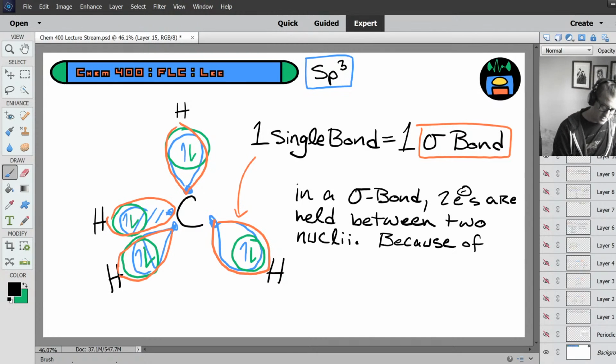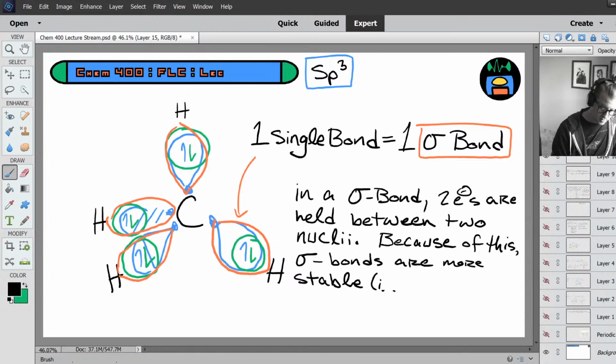So because of this, sigma bonds are more stable, in other words, lower in energy, than pi bonds.